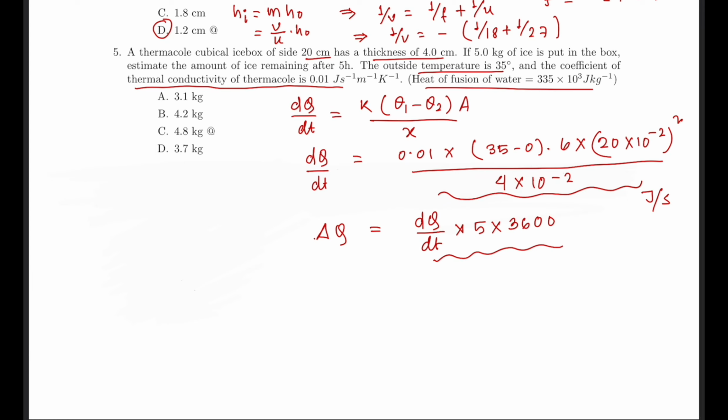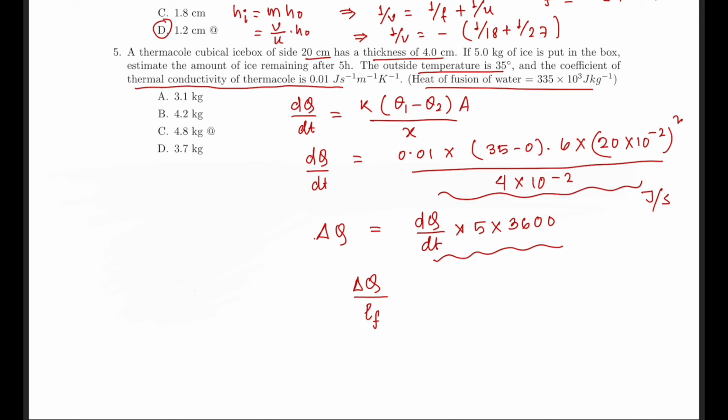Now you need to find out how much ice is melted because of this heat. So you need to divide this heat by the latent heat of fusion. That will give you the number of kgs that have been melted.